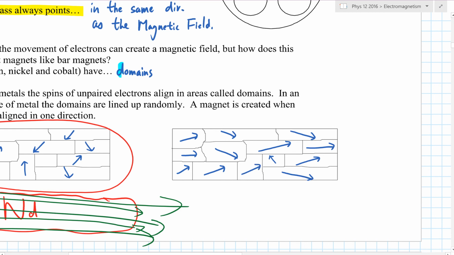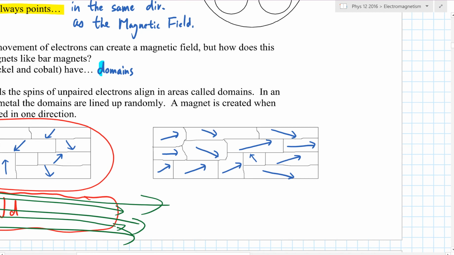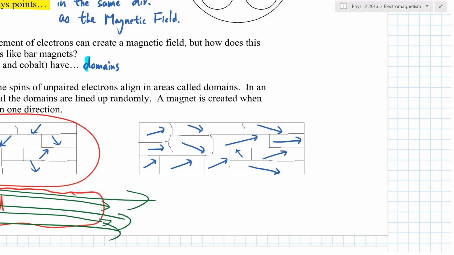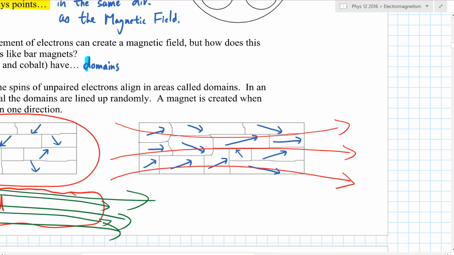But most of them follow, and when most of them follow, there's a general magnetic field that you can predict, like a north and a south pole like this. So this is a bar magnet, or the creation of those metal bar magnets.